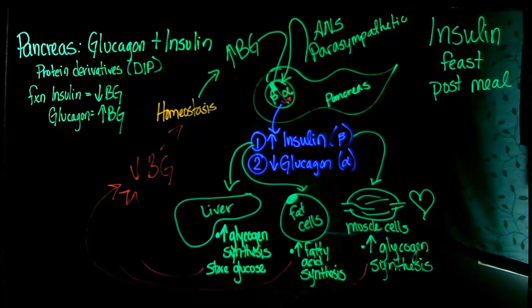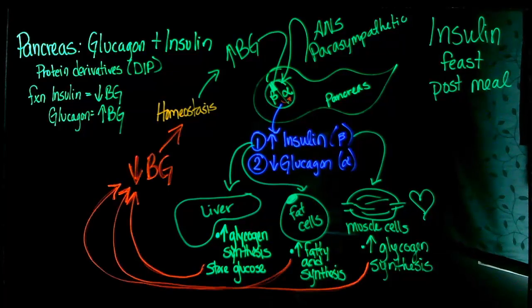So to summarize, when blood glucose levels rise outside of the normal homeostatic range, beta cells in pancreatic islets, or the islets of Langerhans, are going to start to secrete increased amounts of insulin. The three tissues that respond to insulin, and this might surprise you, not every cell responds to insulin, only cells that store sugar respond to insulin.